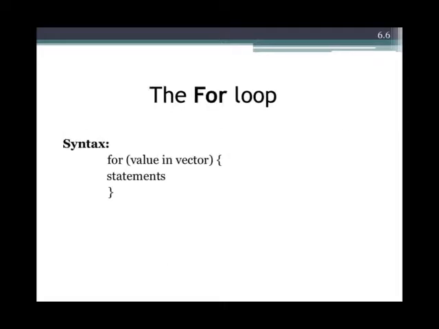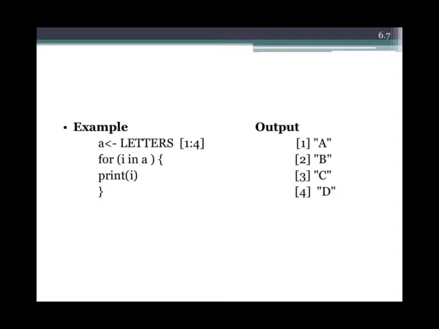The syntax for the for loop is you start with the keyword for, then we have a value in a vector. There are braces, or curly brackets, within which the statements to be executed if the condition is true are coded. We have a simple example here.